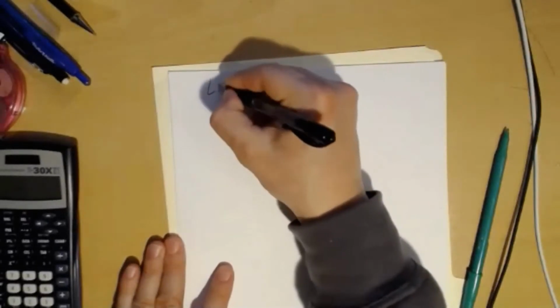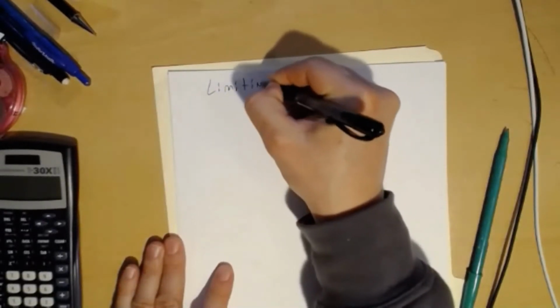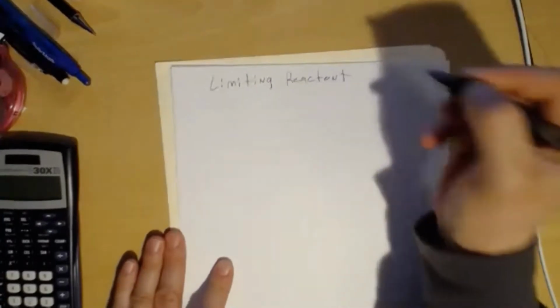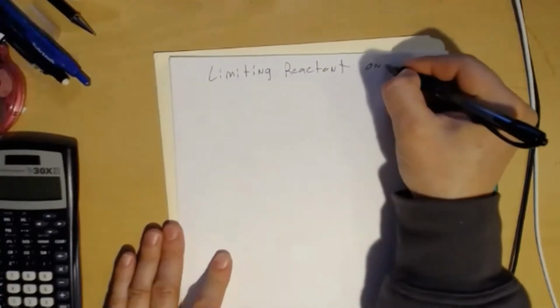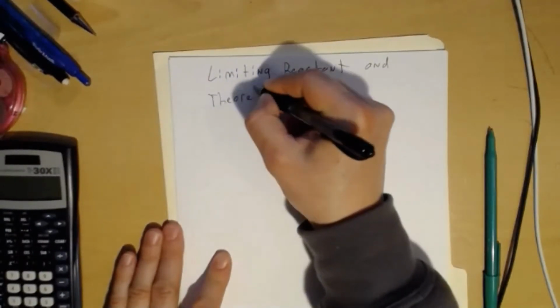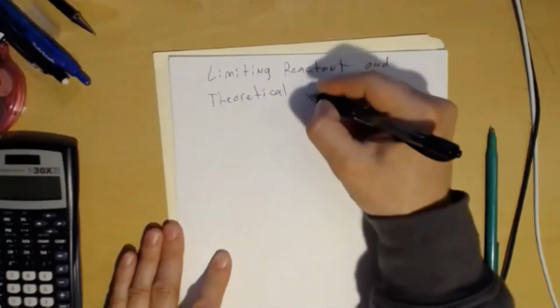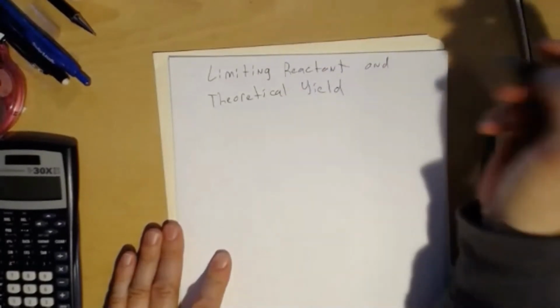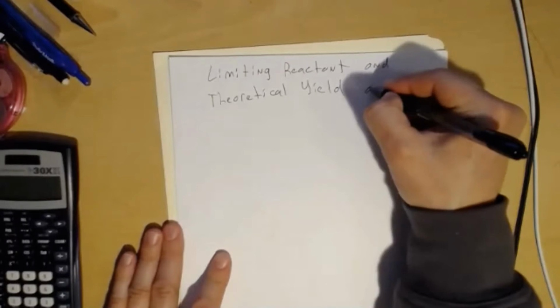So I'm going to talk about limiting reactant and theoretical yield. I think why I skipped this is because technically there's another component called percent yield.